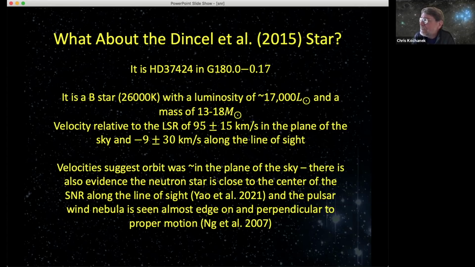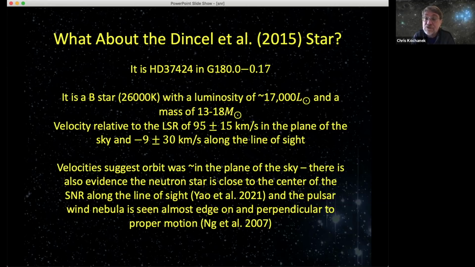There's also kind of a cool paper by Yao et al., where they're basically looking at scintillation of the radio signals from the pulsar. Okay, so the remnant here is a pulsar. And from the properties of the scintillation, they were able to deduce that the neutron star still had to be relatively close to the center of the supernova remnant along the line of sight.